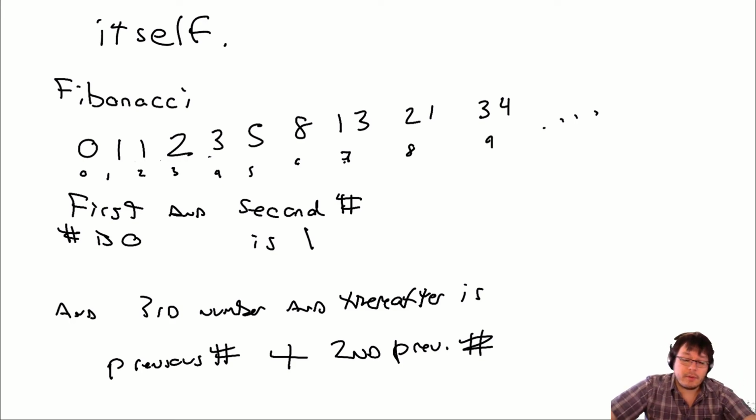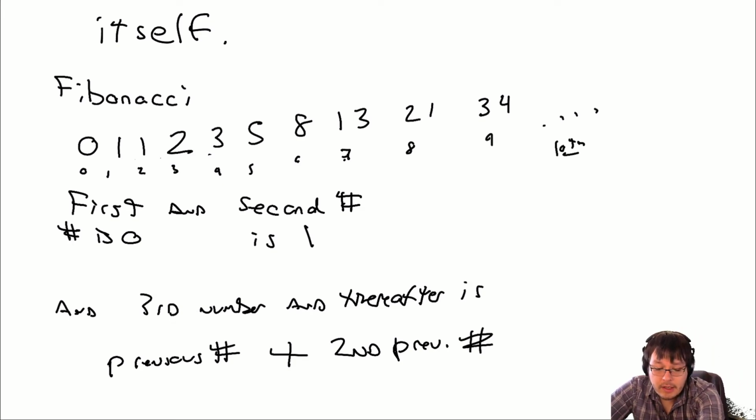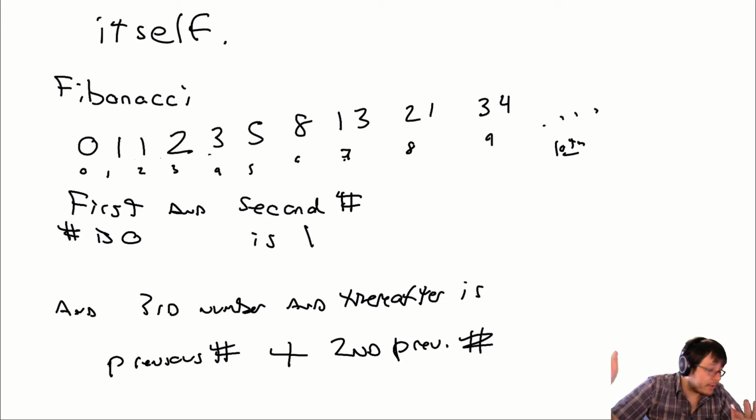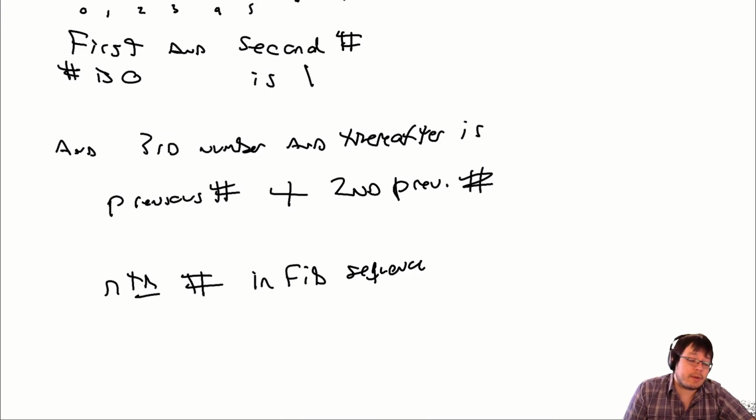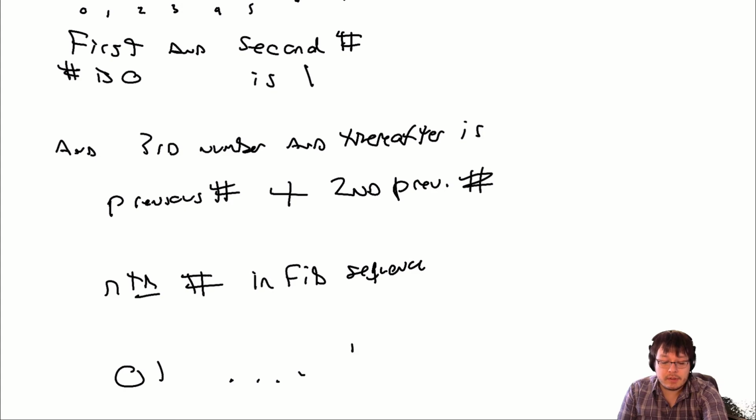Okay? So what if I wanted to compute the 10th? However, you don't have anything. All you have is the rules that say the first one and the second one are 0, 1. So all you have is this, and you've got to compute the 10th one. Can you write a program to do that with your current knowledge?